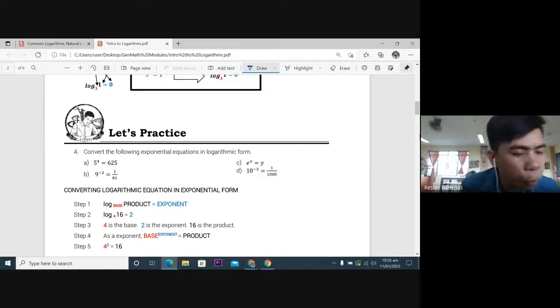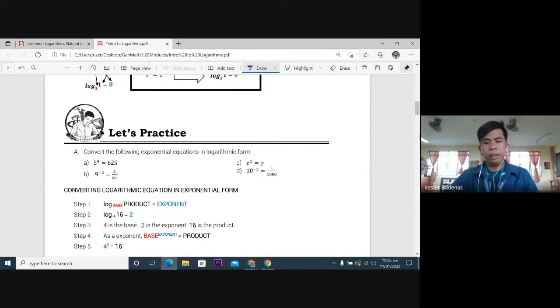Okay, let's check your work. We have 4 items. We have 5 raised to 4 is equal to 625. 9 raised to negative 2 is equal to 1 over 81. E raised to x is equal to y. Convert the following exponential equations in their logarithmic form.